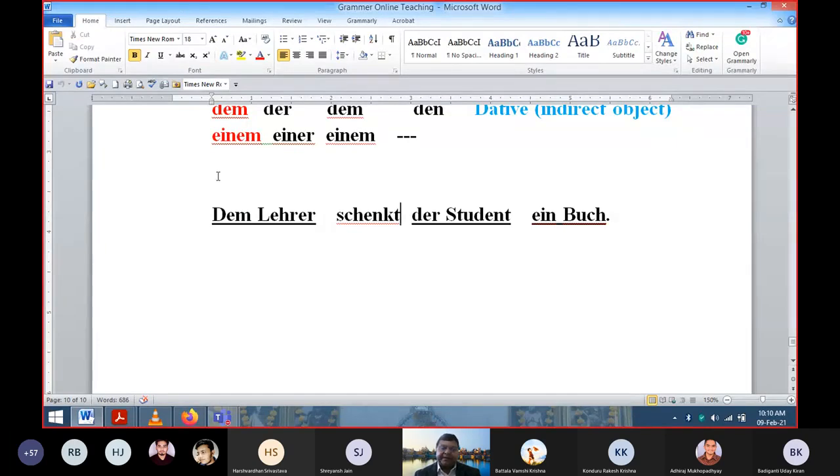This is the standard sentence indicating a subject and two objects, one direct and one indirect object. In simpler terms, as I explained, by questioning you get the subject. If you ask who presents, the student presents, so the student is the subject.